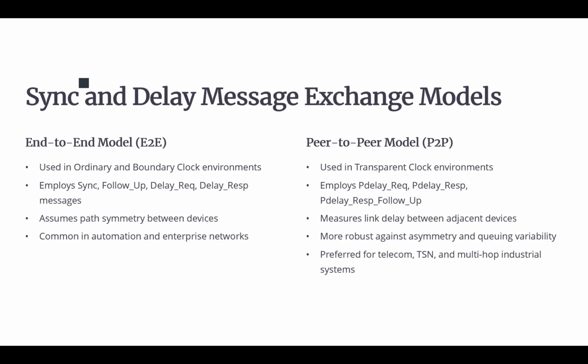So why do we say a network with stable traffic? Imagine we send the data from the master to the slave in a low traffic situation. So definitely it would take less time. And when the slave wants to send a delay request, we are in a high traffic situation.